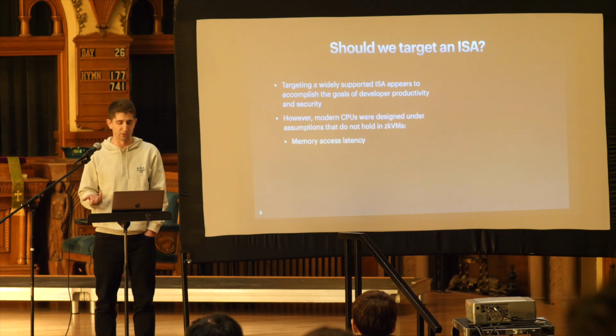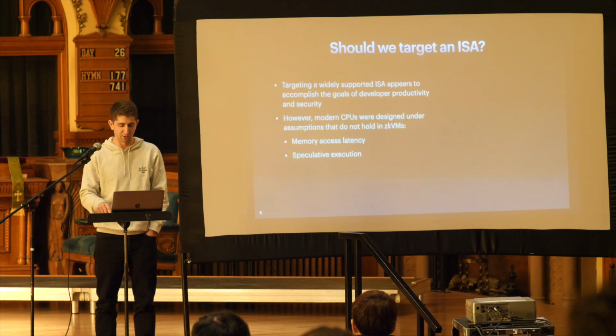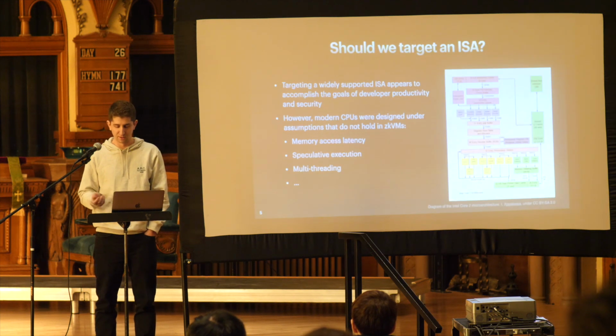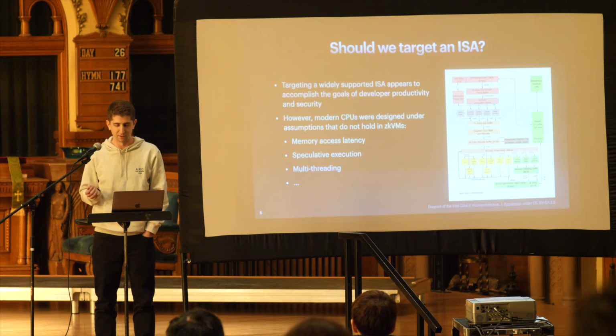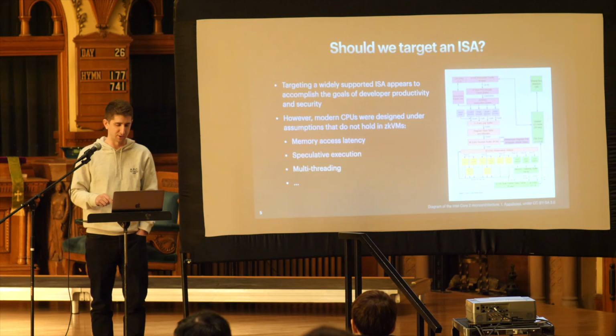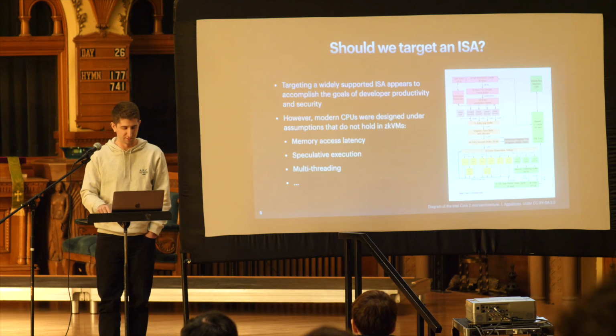One assumption is memory access latency, partially due to the physical distance between RAM and CPU registers. Other things like speculative execution and multi-threading go on the list here. The architecture of CPUs resembles nothing of zkVMs. We don't really have the concept of caches in the real sense.